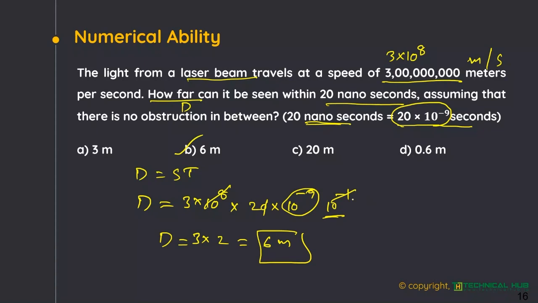One is positive, one is negative: 10 power 9 and 10 power minus 9 both cancel. Initially it is 10 power 8, and this 20 I can write as 2 into 10 power 1, so the value becomes 10 power 9. 10 power 9 and 10 power minus 9 both cancel. Finally, you are left with 3 and 2. 3 into 2 is equal to 6. That is the required answer.